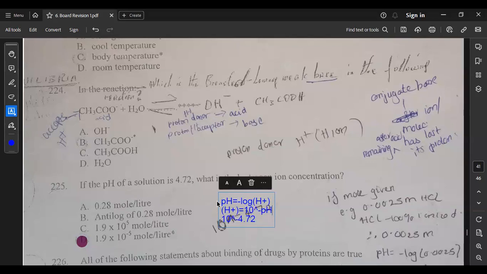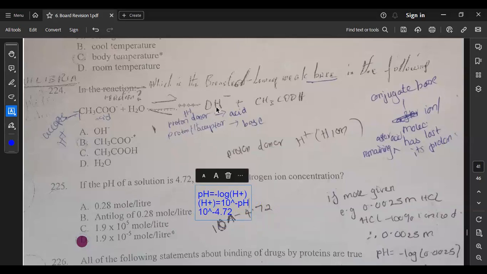Are we all okay with question 225? Okay, question 224. In the reaction, ethanoic acid plus water, what do we get?